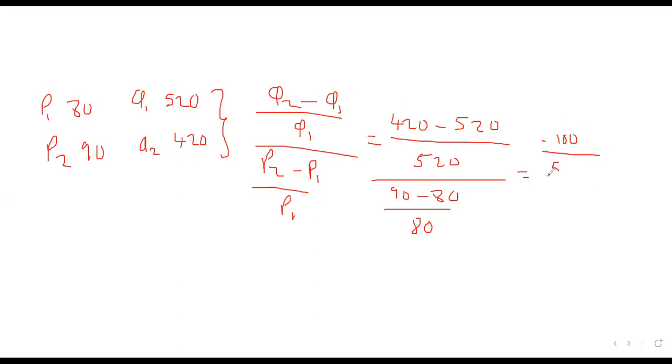Minus 100 divided by 520. 10 divided by 80. Okay. What do we get? It's 0.19 divided by 10 divided by 80, which is 0.125. Okay. What do we get?